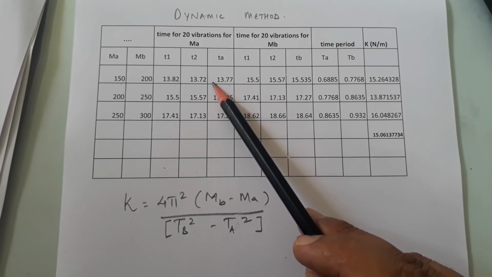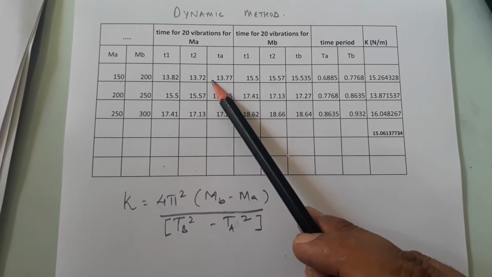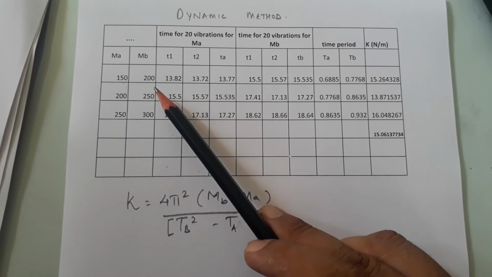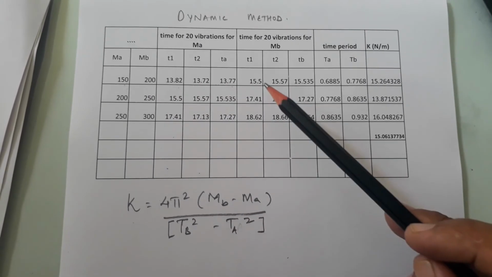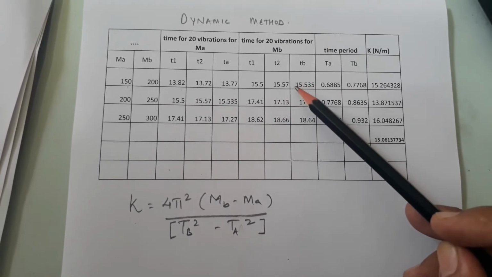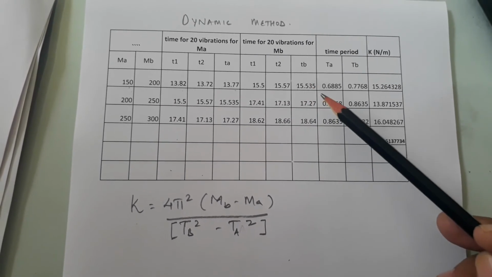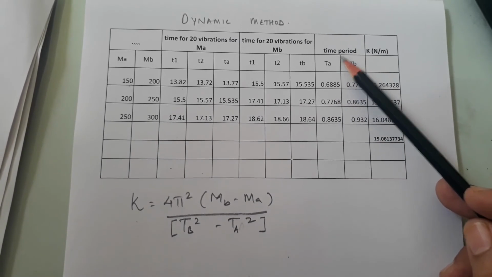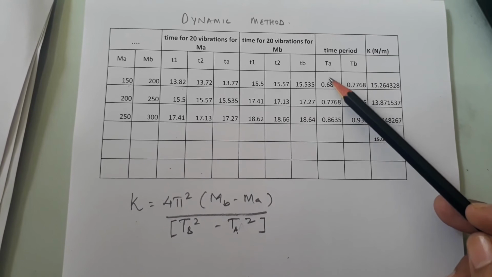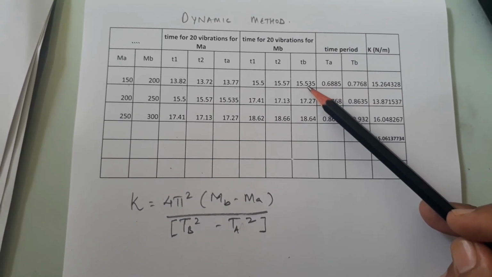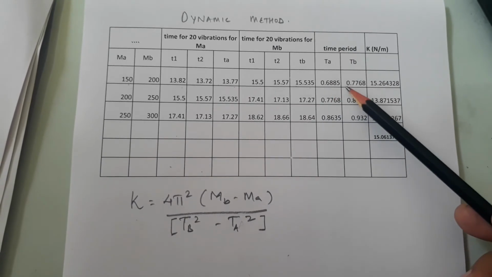You might as well do it 3 times if you want much more accurate readings. Then we increased the mass to 200 grams, and again we did the measurements for 20 oscillations. We did 2 runs and then we took the average. By doing that you can get the average time period for one oscillation by dividing the value by 20. So if you divide the average time values by 20, you will get these numbers.